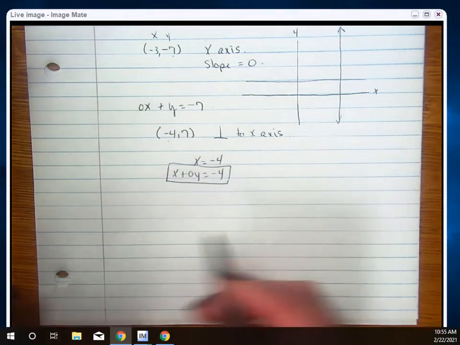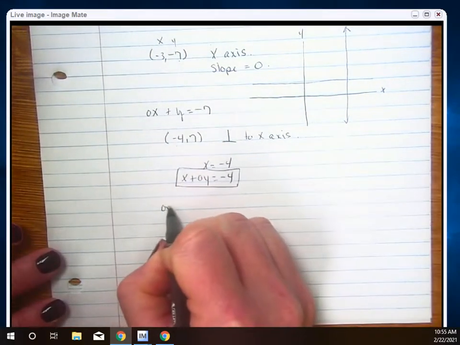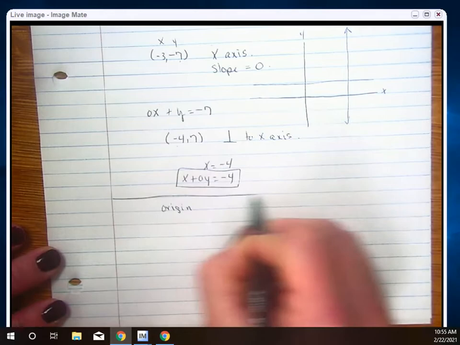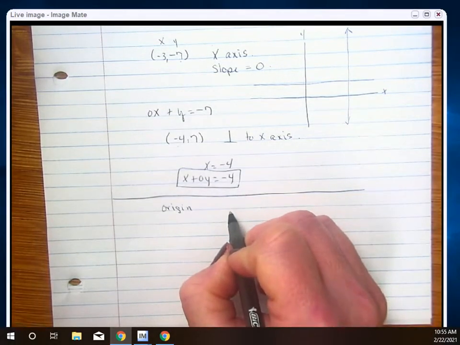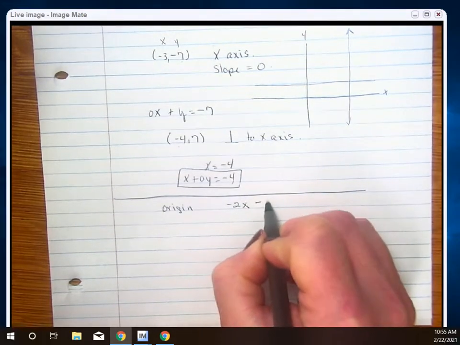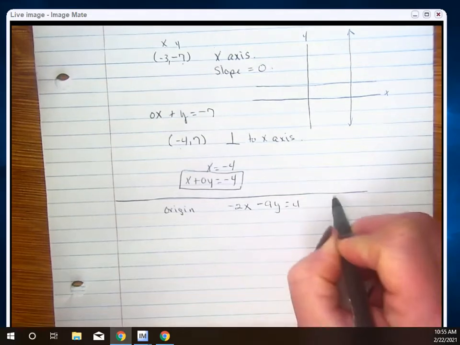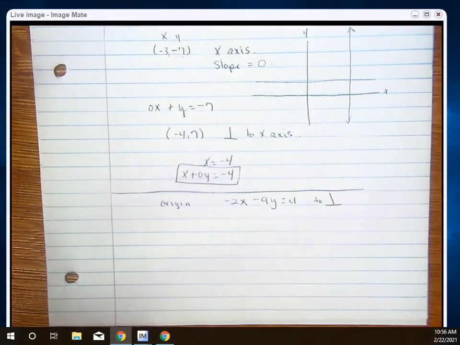Okay, what if I tell you it contains the origin and it is perpendicular to -2x minus 9y equals 4? What is my point and what is my slope?